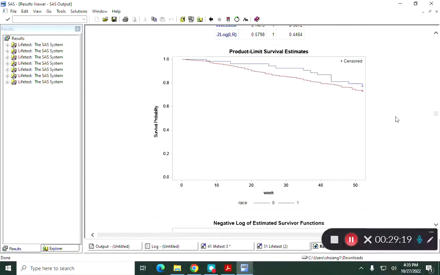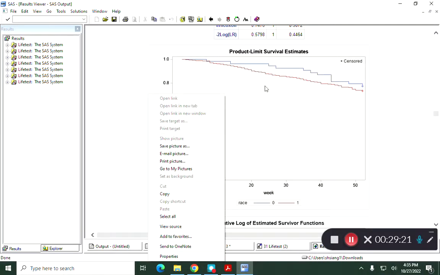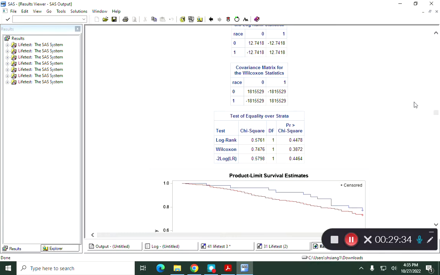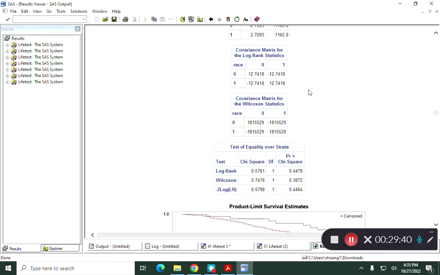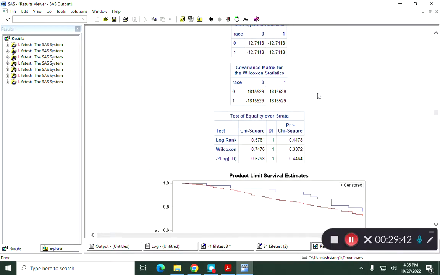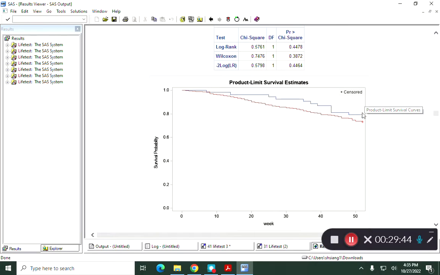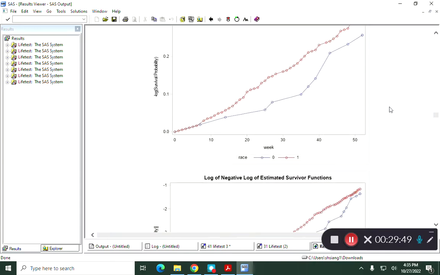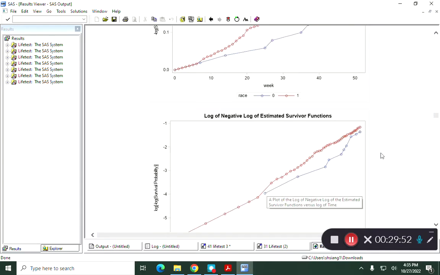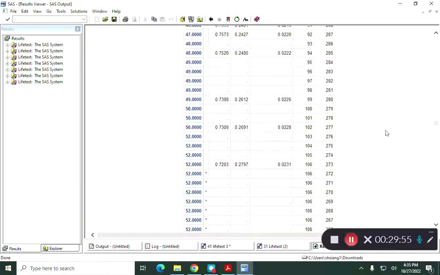I would also tell you guys to do this, okay? You can copy, print this to PDF, and then grab the pictures one by one and put them in your report later, okay? And now this is which one? Homogeneity for what? Oh, race. Okay, and you can tell race is not significant. They almost overlap. Okay.